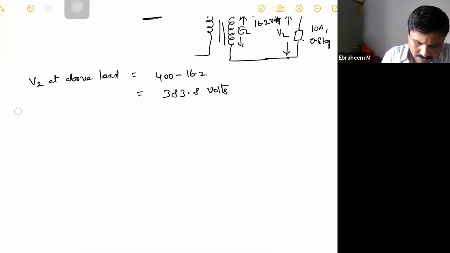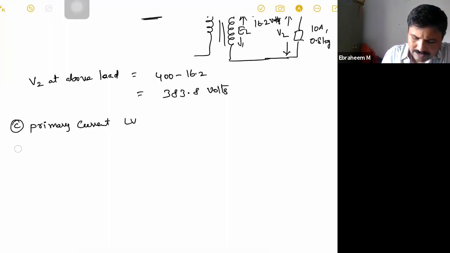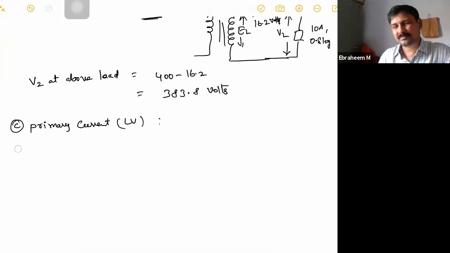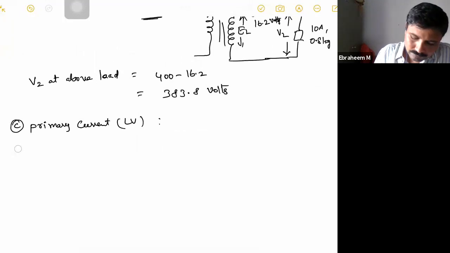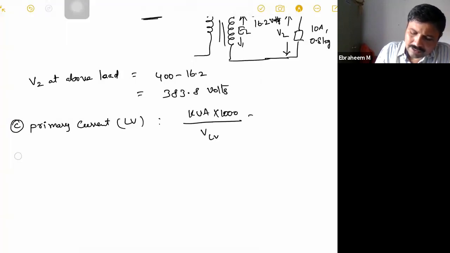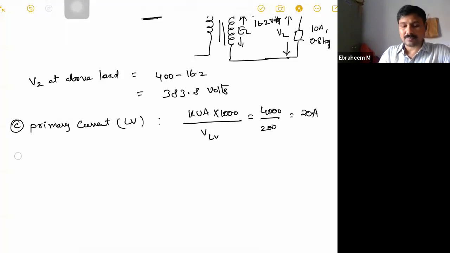So the current, third one, that is the LV side. How to find the LV current? We have kVA into 1000 divided by VLV. Okay, so 4000 divided by VLV, which is 200, is 20 amperes.